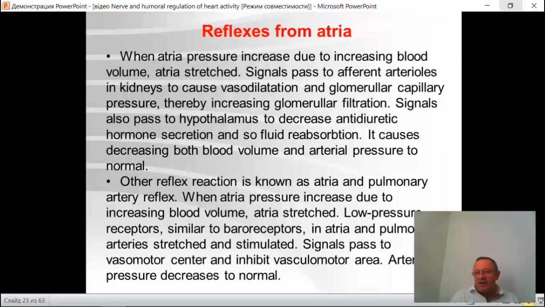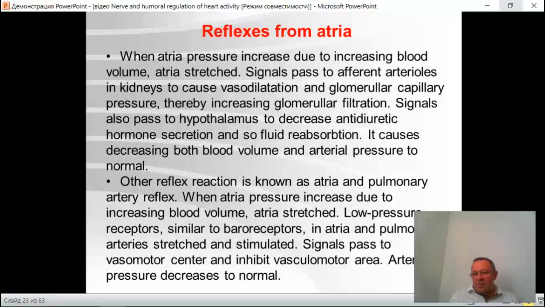Another reflex reaction is known as the atria and pulmonary arteries reflex. When atrial pressure increases due to increase in blood volume, atria stretch.